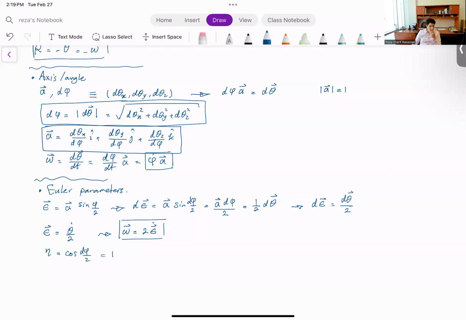But that can't be right. I have to think about this. Is it eta or d eta? If it is d eta, it means eta, I don't know.